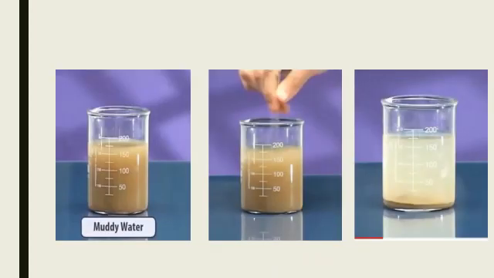So what we have to do: we will take some muddy water in a beaker and stir it very well so that both the components get mixed nicely. After stirring it, we will leave it undisturbed for some time.